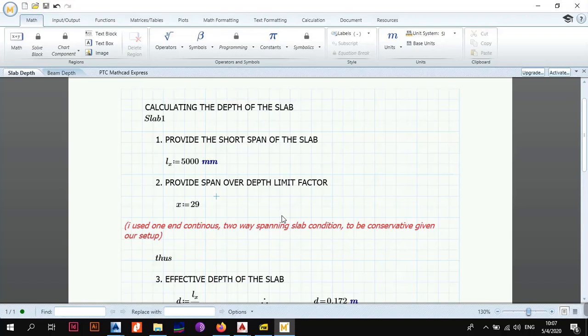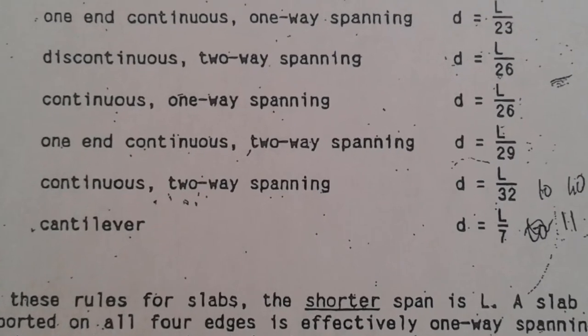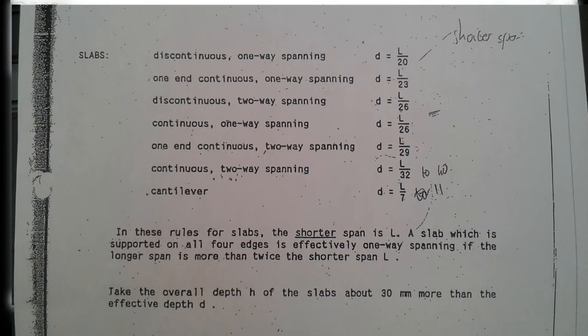In our case, the span limit factor X is going to be equal to 29. This is based on using one end continuous, a two-way spanning slab condition, to be conservative given our setup.